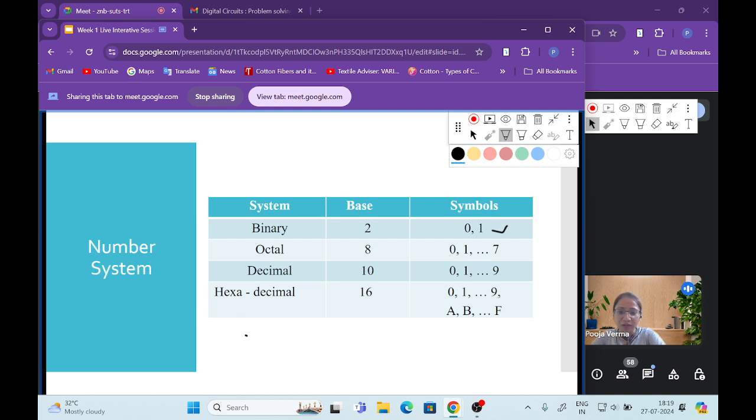So after 9 the numbers are represented by letters.